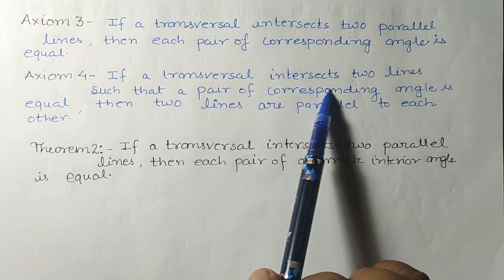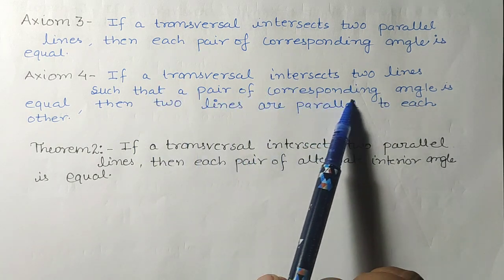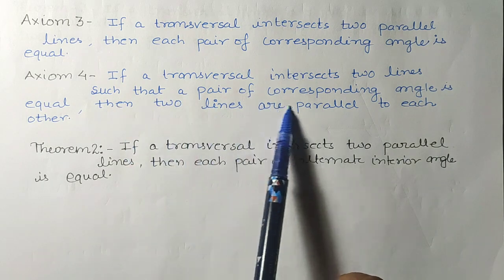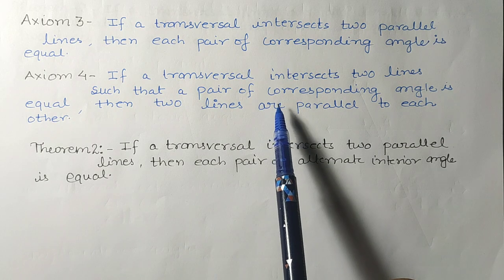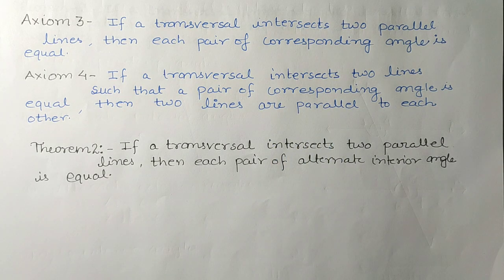Axiom 4 is, if a transversal intersects two lines such that a pair of corresponding angles is equal, then the two lines are parallel to each other. Just the opposite of that. As we know, if two lines are parallel and one transversal is intersecting, then their corresponding angles are equal. Then what is the opposite statement of this?